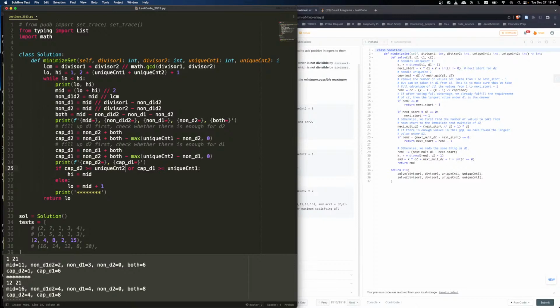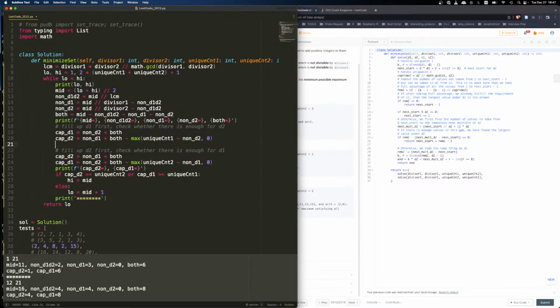So we say if it has to be both. If one of them is not possible, then we cannot do it, right?